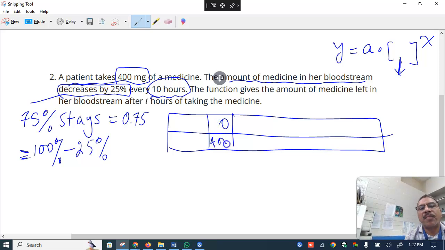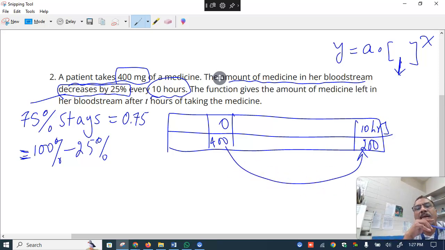So in the beginning, 400 milligrams is given, and in 10 hours, that doesn't become half, 200, it's 75%. So what multiplies is 0.75.